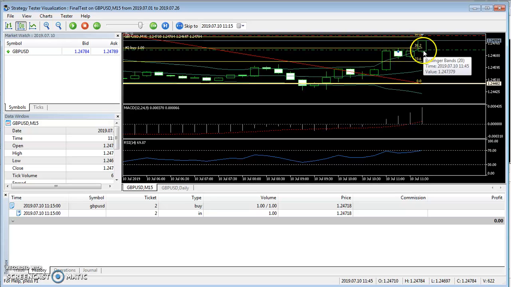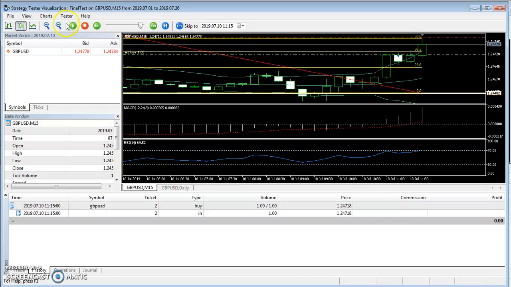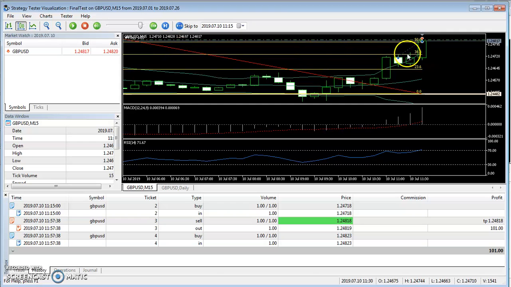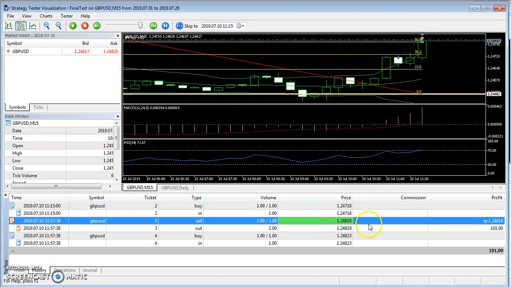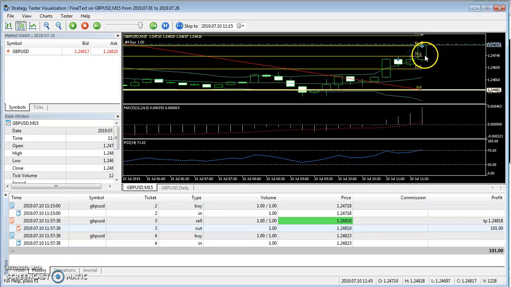So it continues on to 45 minutes, or the next candlestick, and you can see that it's about to hit the 10 pip profit, and it hits the 10 pip profit, and we can see down here that it takes $100 profit, and it's set that way because we set it so that 1 pip is $10, and therefore 10 pips would equal $100.